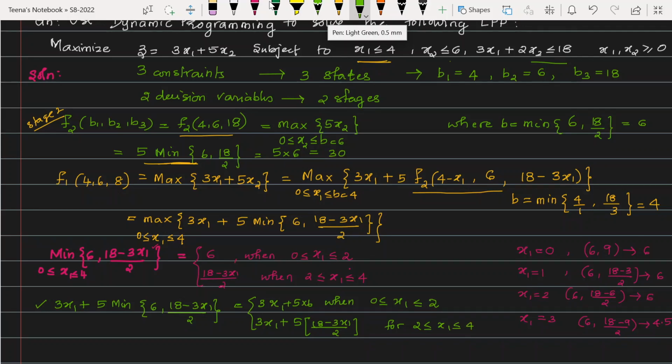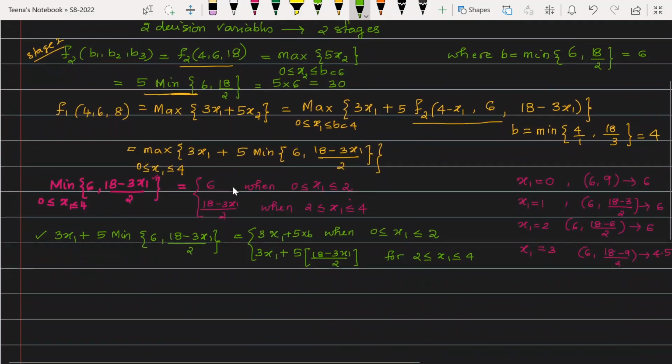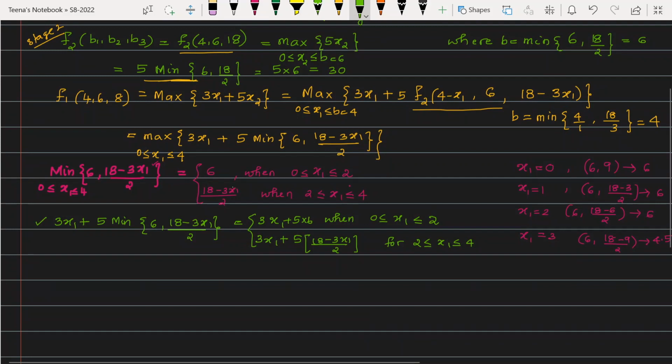Okay, so we got 3x1 plus 5 into minimum of 6 comma (18 minus 3x1) by 2. Now let us find our F1468.